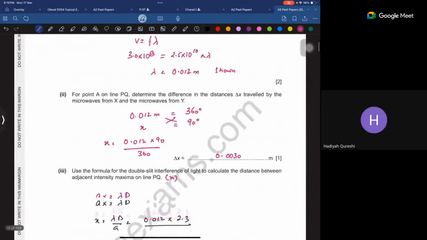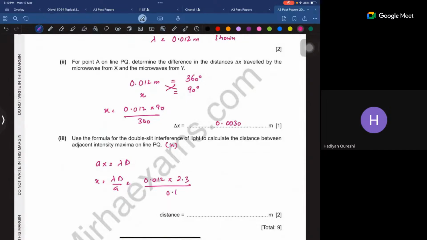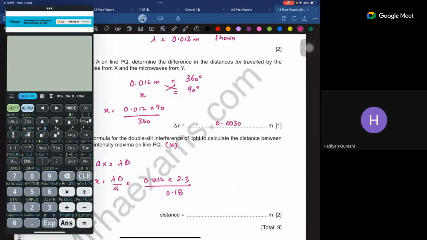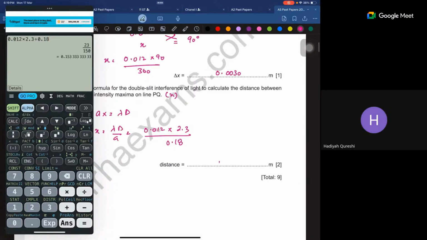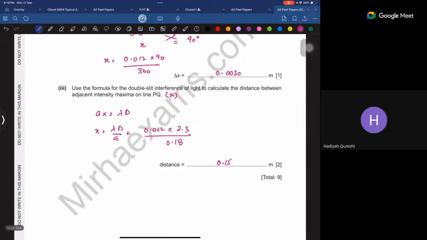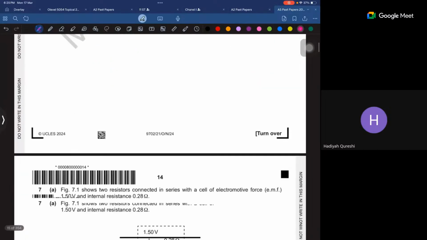That's the difference, right? So 0.012 times 2.3 divided by 0.18, it's going to be 0.15 actually. So this should be the answer. So yeah, pretty good. All right, so we're done here.